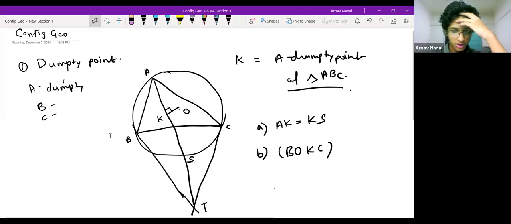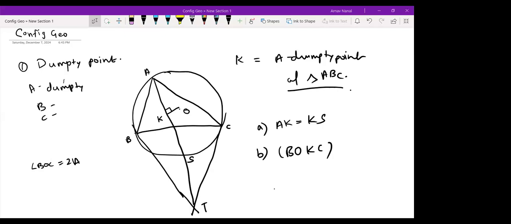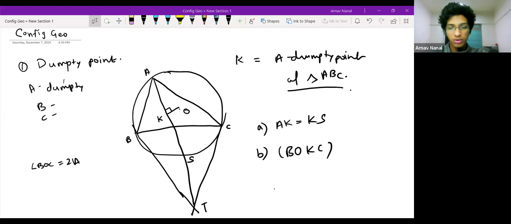Okay, that's interesting. So you know angle BOC is 2A, right? Is there any way you can calculate angle BKC? Wait, I think BKCT is cyclic. Yes, that's true.